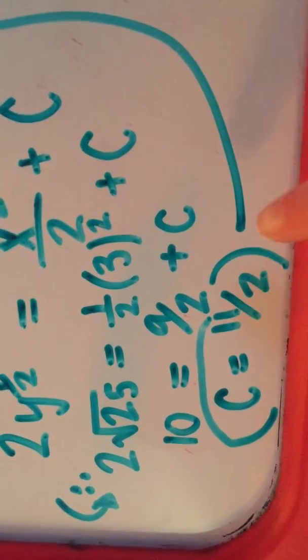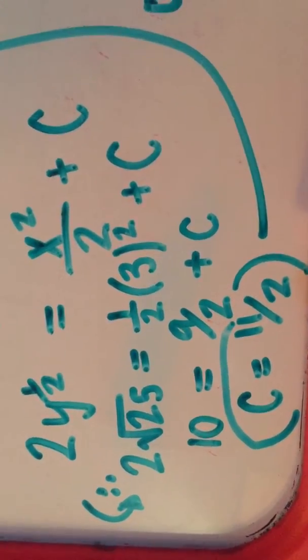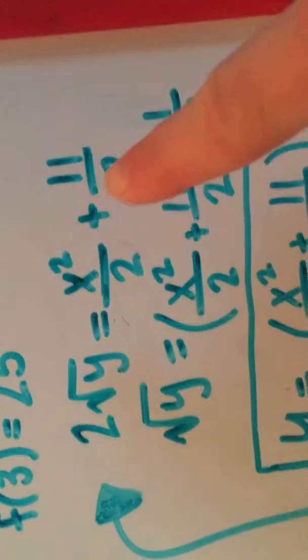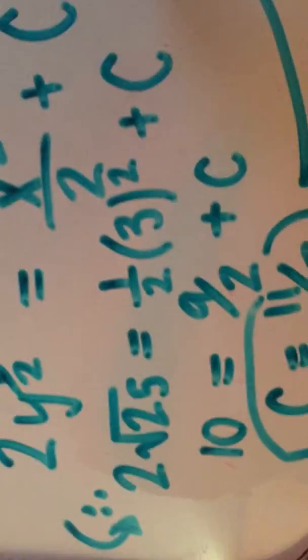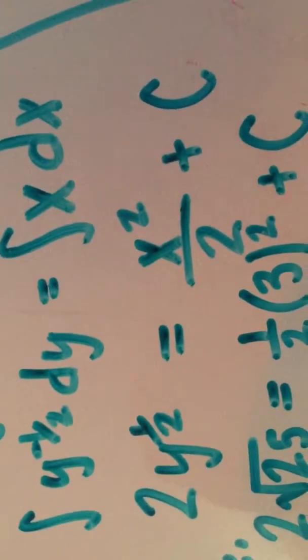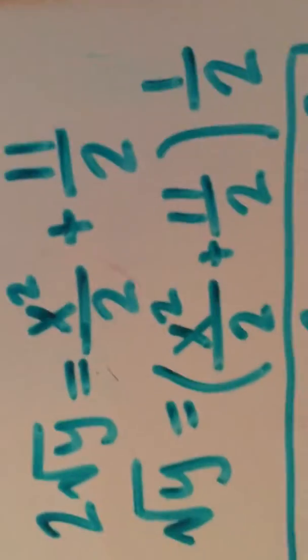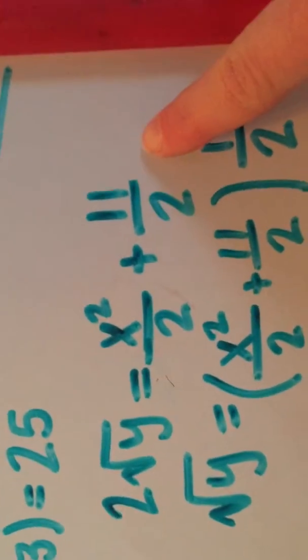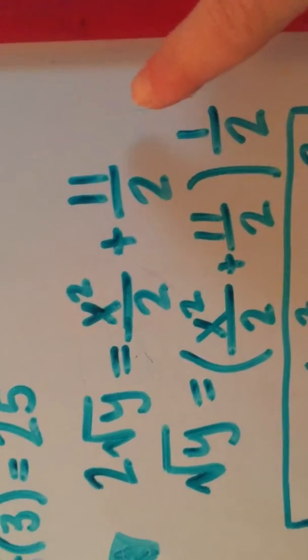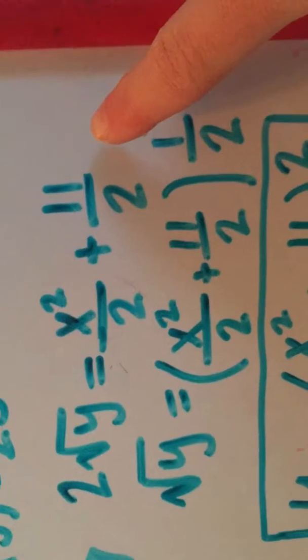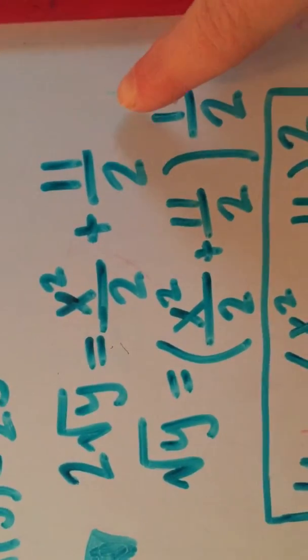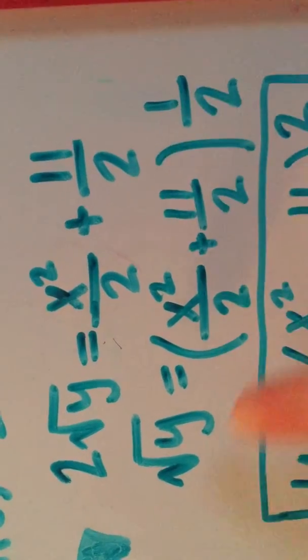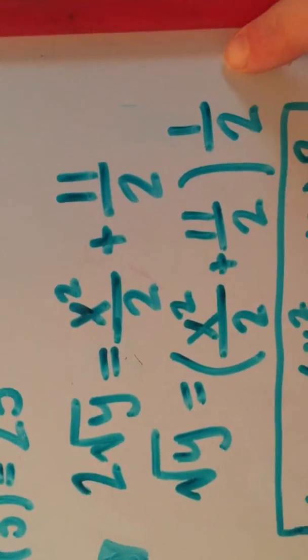Then you take this number and go back to the equation that you solved for, and you plug in your c value, which is 11/2. You have to get y by itself to define this function. So you bring over this 2 and multiply by 1/2.